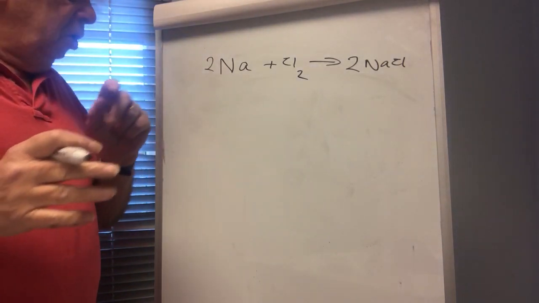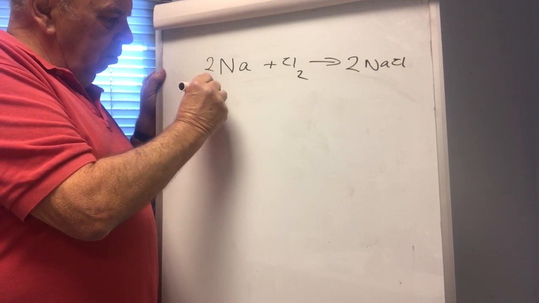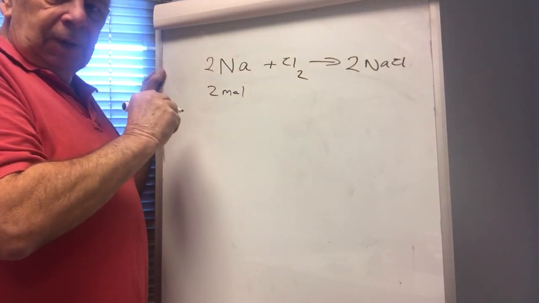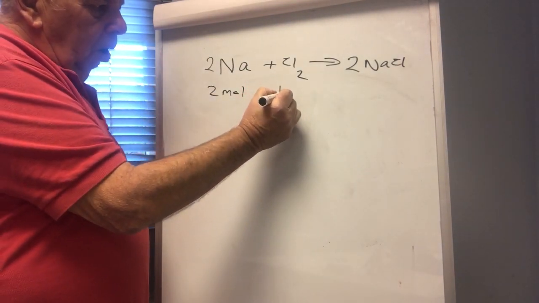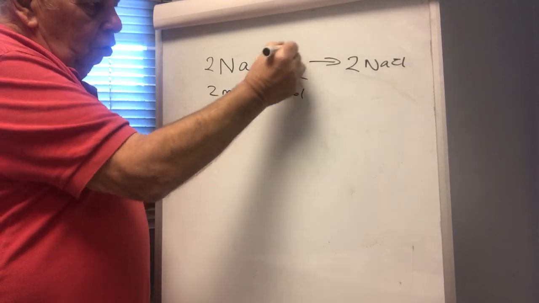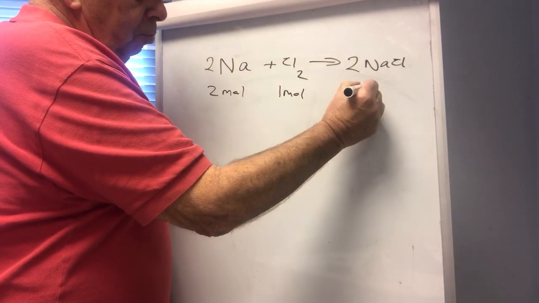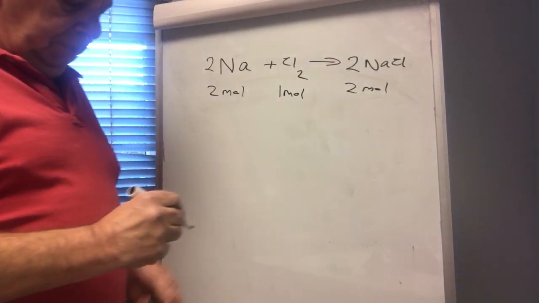Expressing it in words, 2 moles of sodium react with 1 mole of chlorine gas to produce 2 moles of sodium chloride.